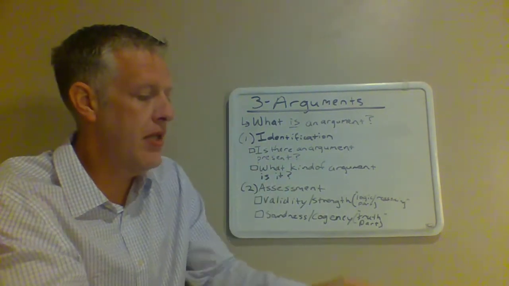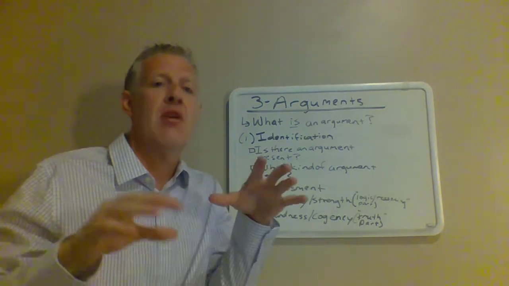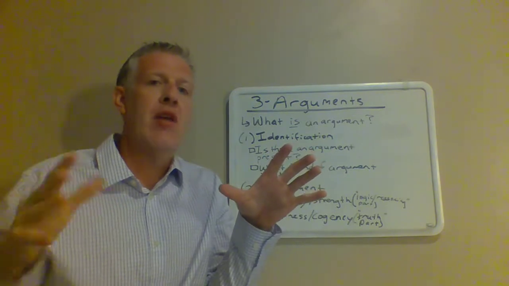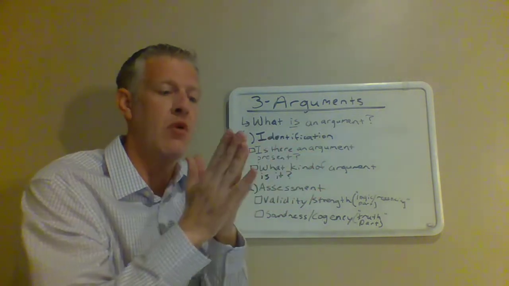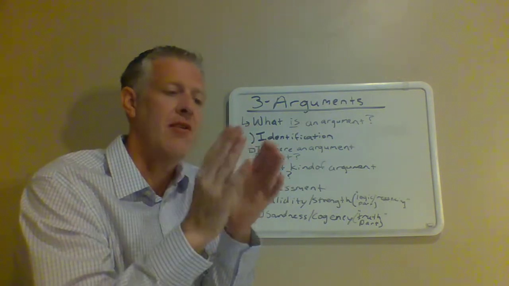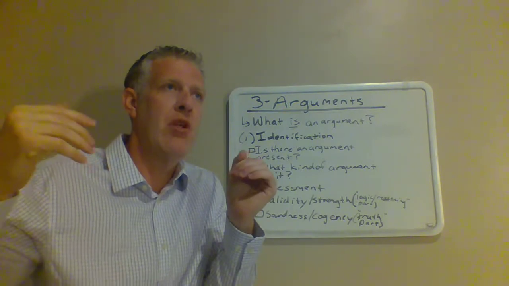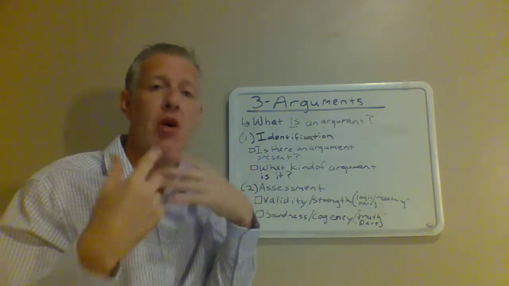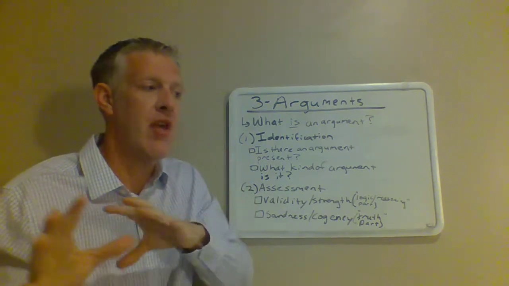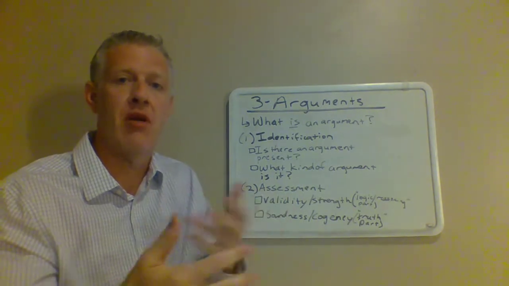We'll conclude this lecture by talking about logical window dressing, things that we want to be on the lookout for that can creep in and mess things up for logicians when we're trying to identify and assess arguments. These things can be tricky because they might come across as being part of arguments or strengthening arguments when really they have, strictly speaking, no bearing on the logical merit of what's being said.